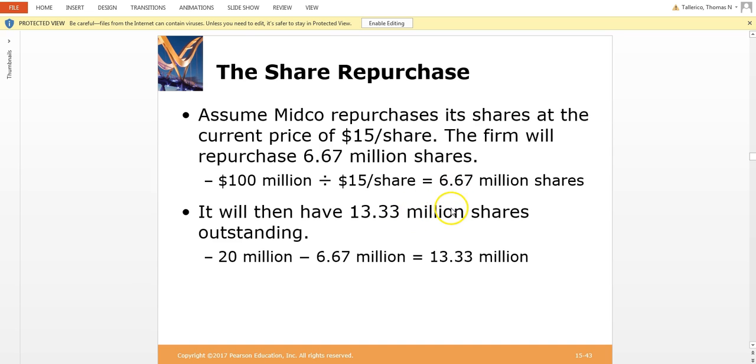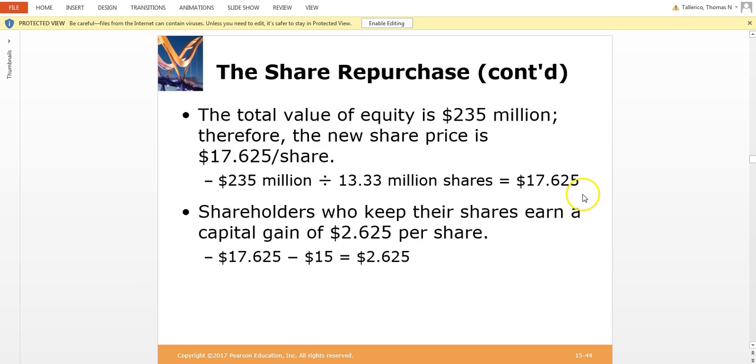And then the total value of equity is going to be 235 million. So the new share price, if I divide 235 million by 13.33 million, will come out to $17.625 a share. So you'll notice if you keep your share, there's going to be a capital gain of $2.62 per share.